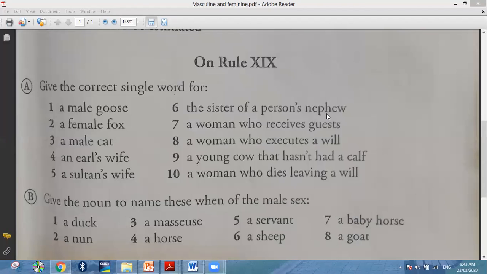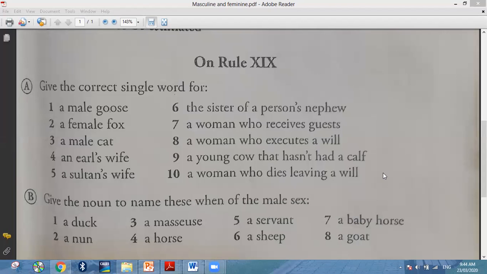The male of sheep is called a ram. Yes, the male of sheep is ram. That's right. A baby horse? Nawaf Tariq? Colt.